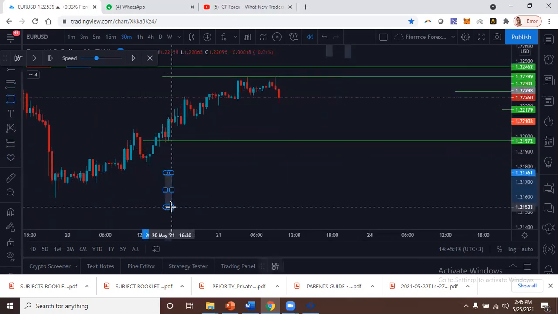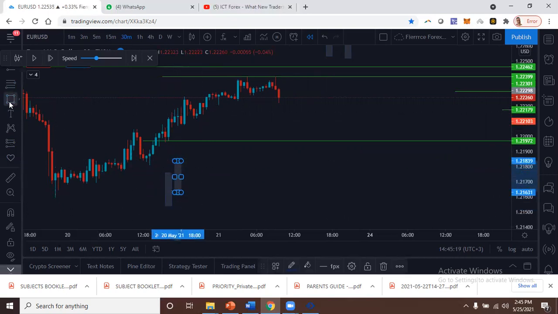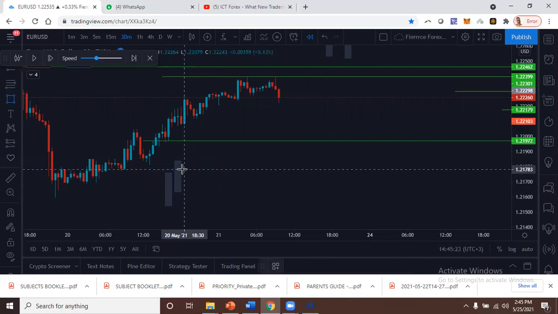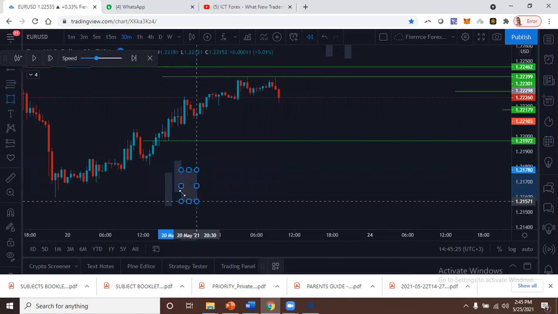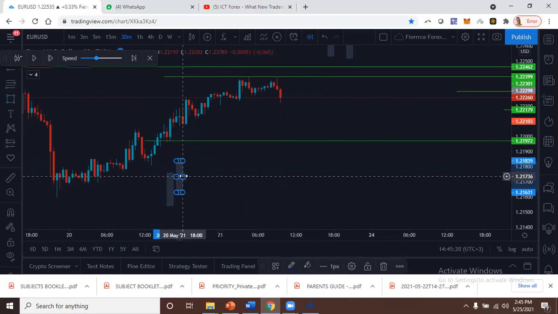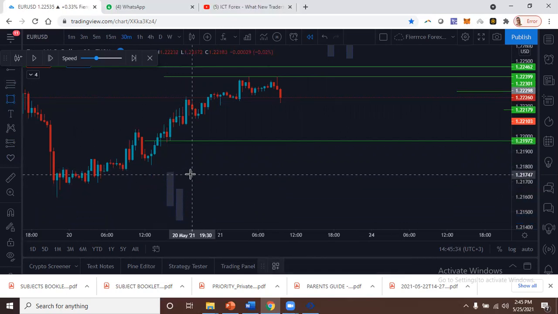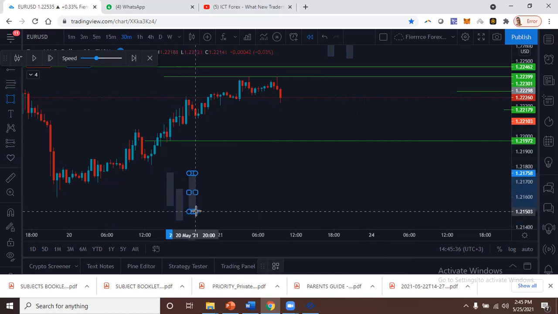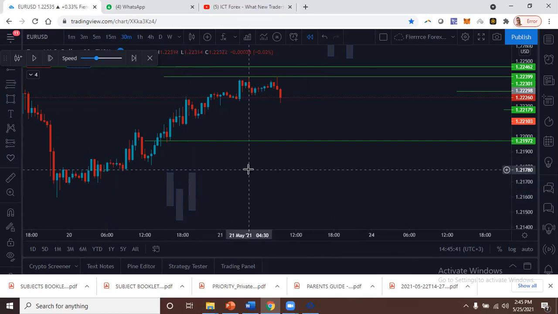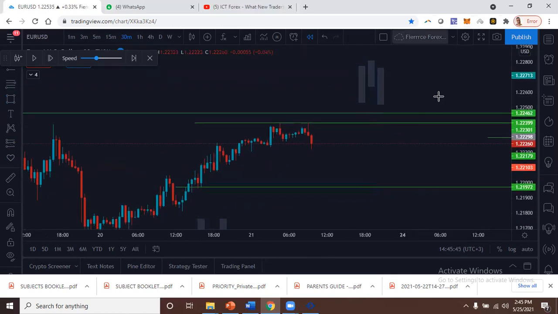So in this case, swing low: two candles on the side that are lower than... sorry, I'm doing the same thing. This should be like that, and then another candle here. Don't worry about the size and shapes of my candles. These are just to give you an idea. So this is a swing low. This is a swing high.